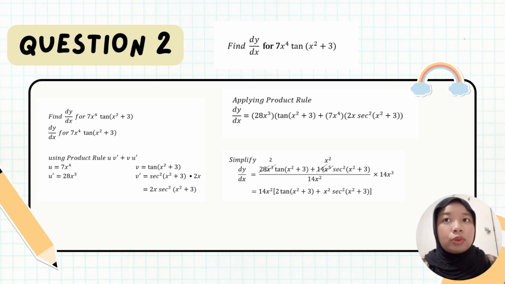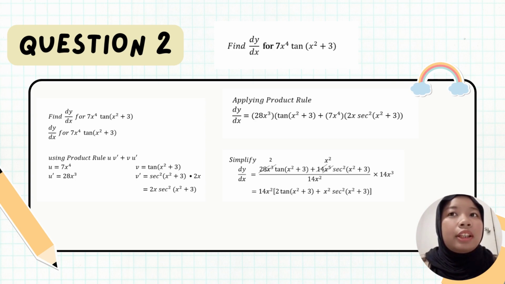So next we need to apply the product rule. The product rule gives dy over dx equals 28x cubed tan(x squared plus 3) plus 7x to the power of 4 times 2x sec squared(x squared plus 3).